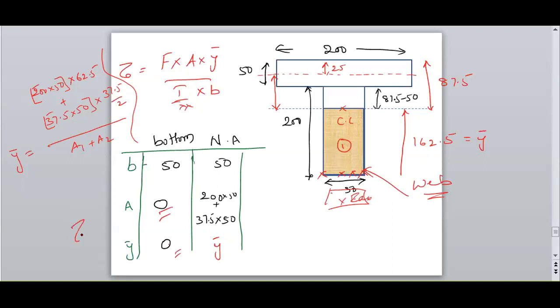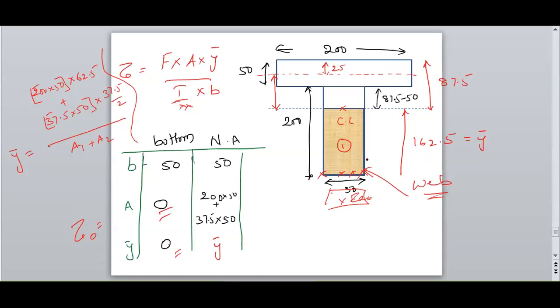Therefore, the shear stress at this point will be 0.